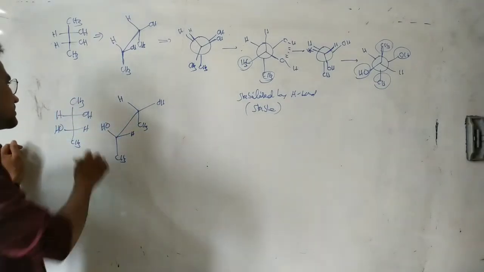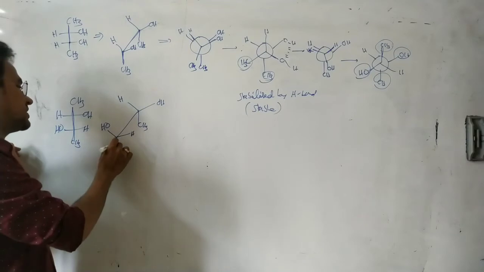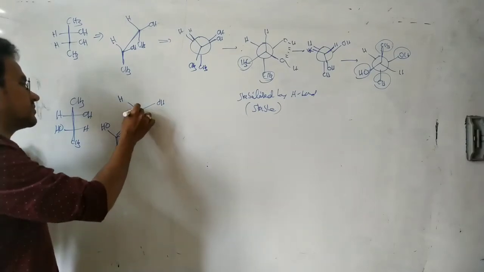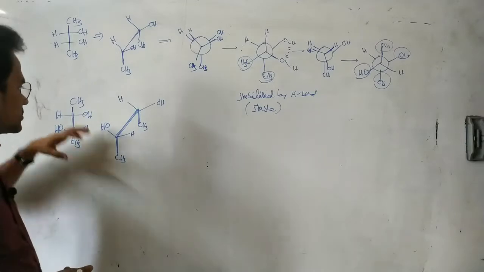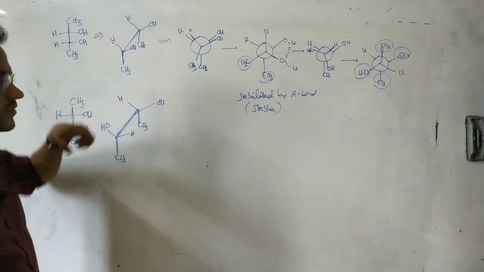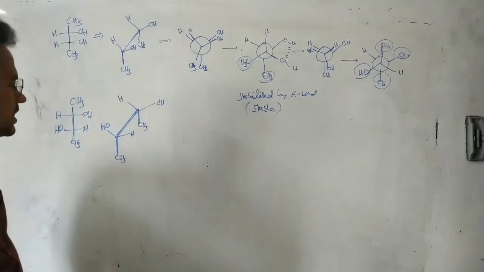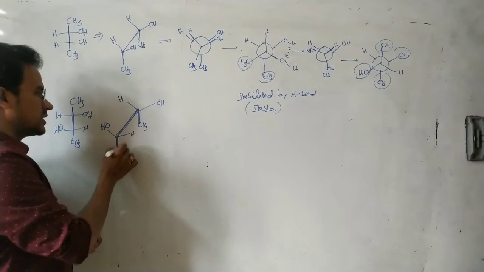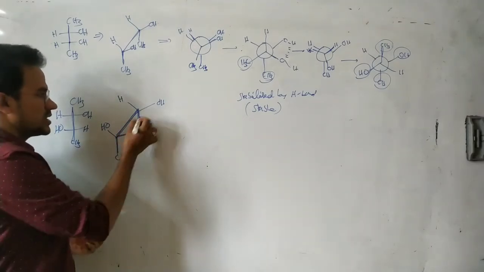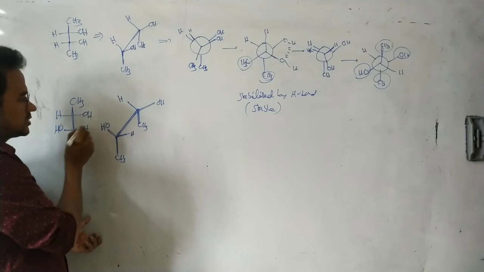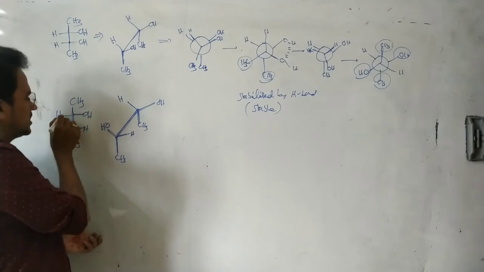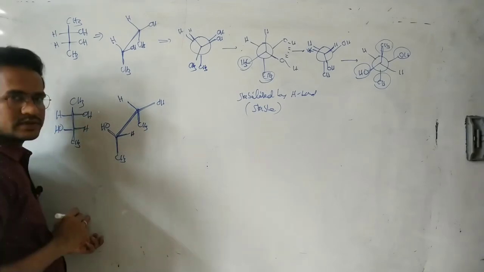Whatever groups are on the vertical line must be written in a downward direction. This form must be written in eclipsed conformation. The methyls are eclipsed, and the H and OH are eclipsed.